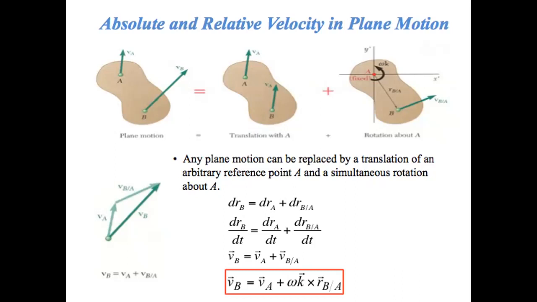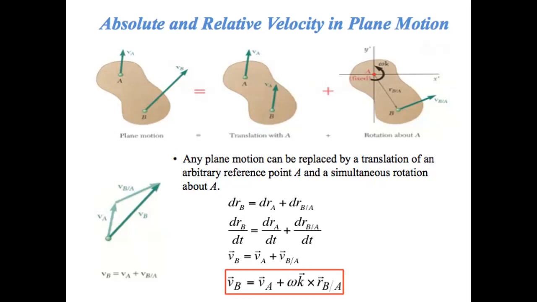And from what we learned before for rotation about a fixed axis, the linear velocity of any point is equal to the cross product of omega and the position vector with respect to the center of rotation.